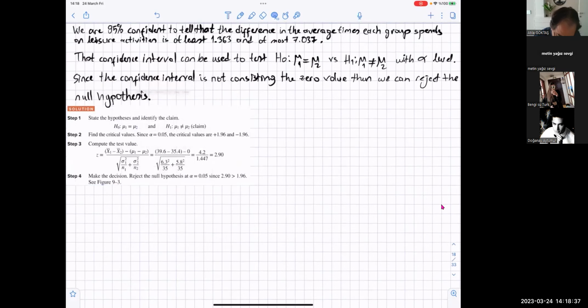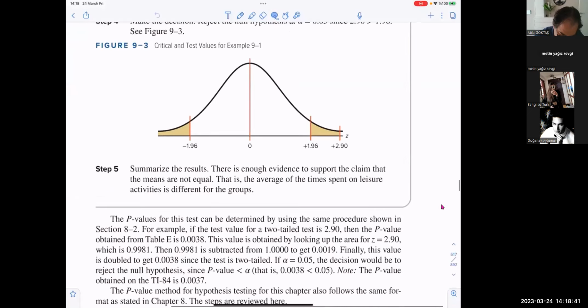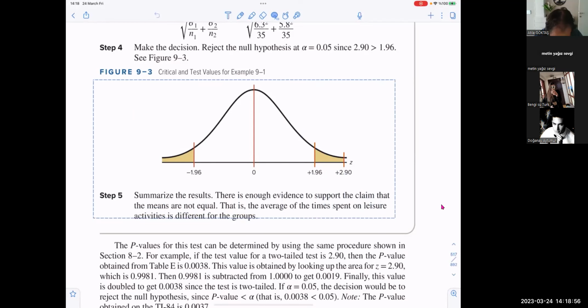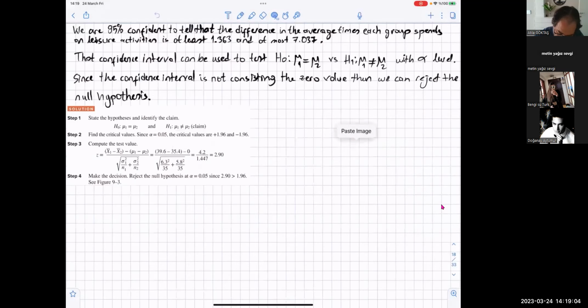Then I have the graphical display, figure 5.93. Copy this, and step 5. There you go.